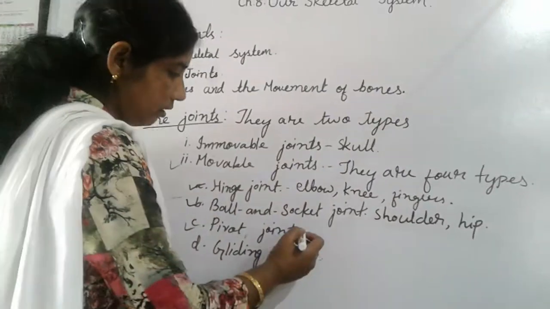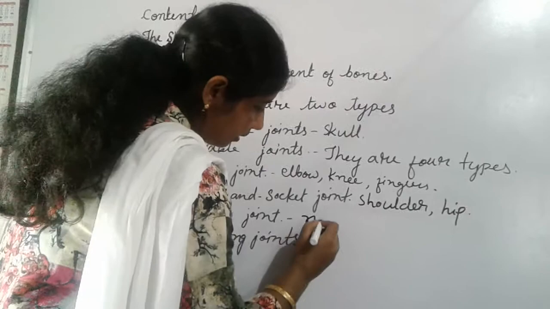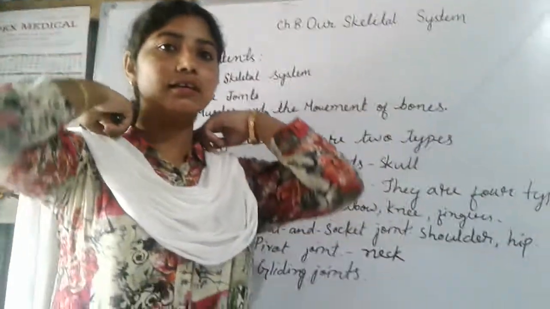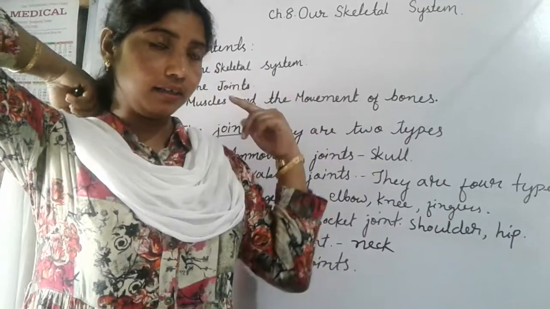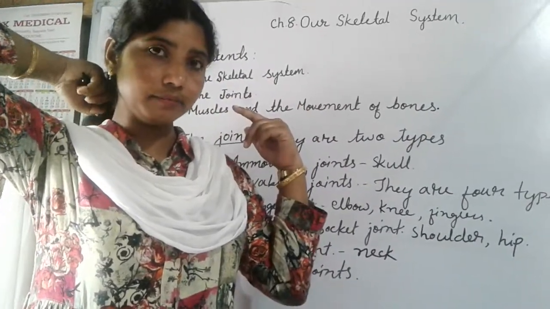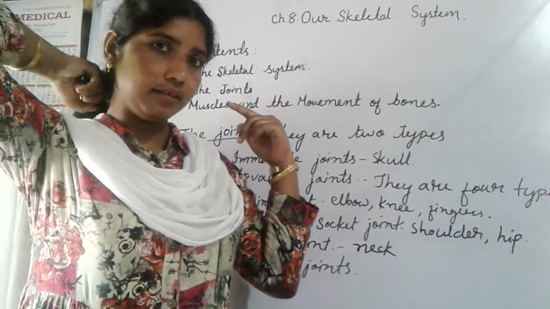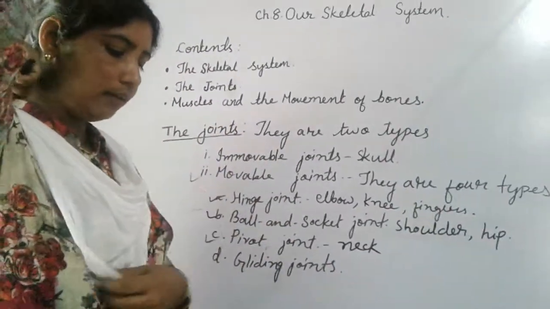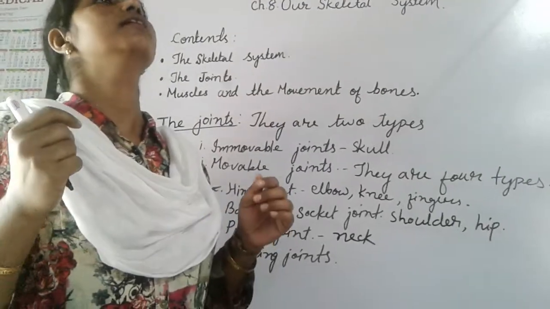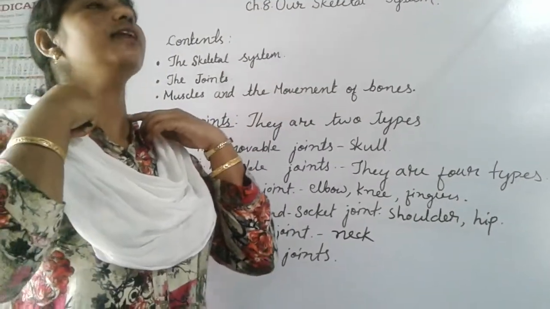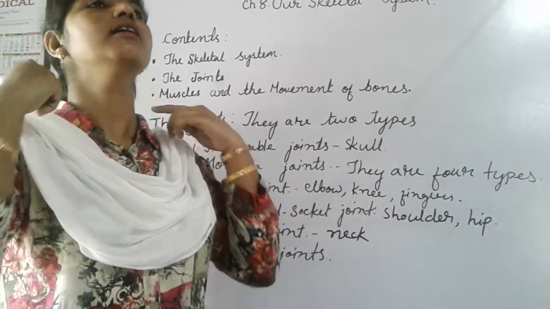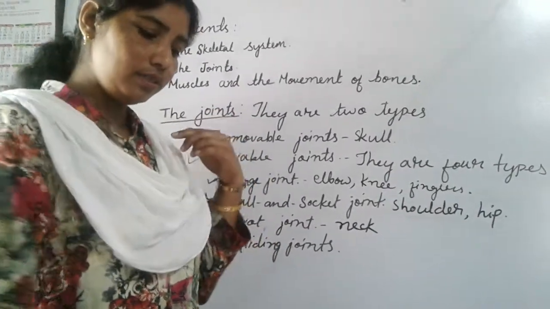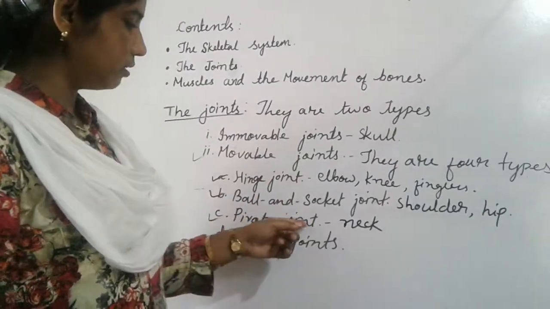They are present in our neck, in the first two vertebrae and the skull. So we can move our neck forward, backward, and sideways also. So this is about the pivot joints.